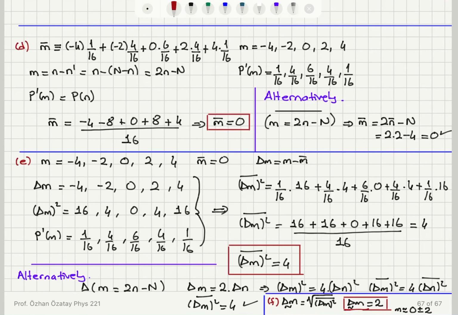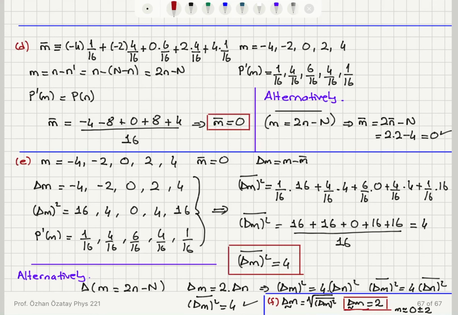And then alternatively, because m is equal to 2n minus capital N, if you take the average of both sides, the average of a constant is itself, m bar is 2 n bar minus N, so it is also 0. Then I calculated all possible deviations of m minus m bar.